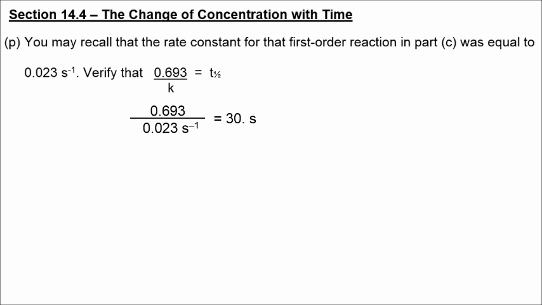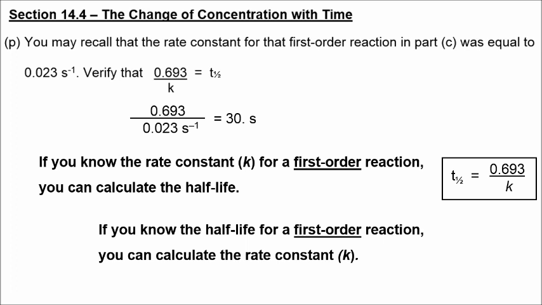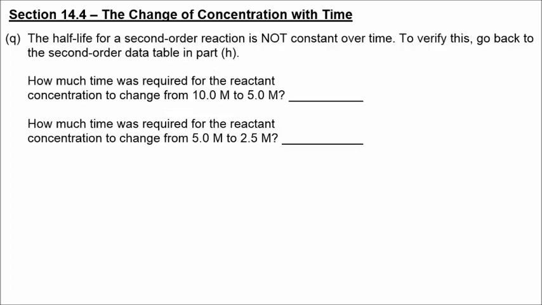That's consistent. If you know the rate constant for a first-order reaction, you can calculate the half-life. And if you know the half-life for a first-order reaction, you can calculate the rate constant. Again, a very useful equation. So it's only first-order kinetics that gives you a constant half-life over time.